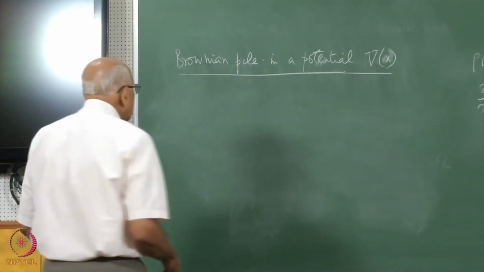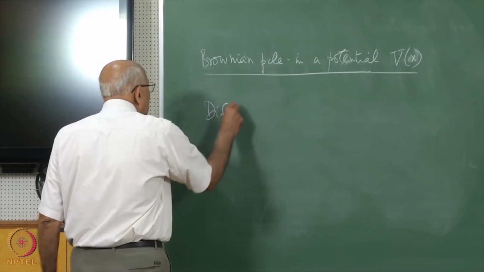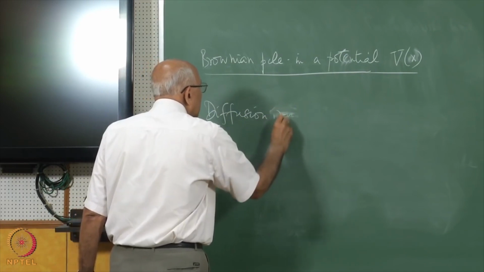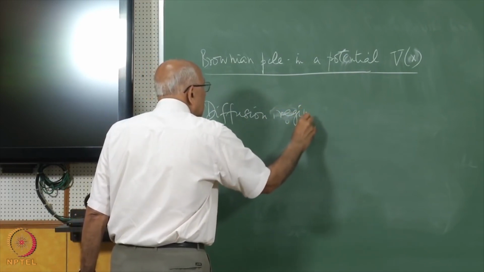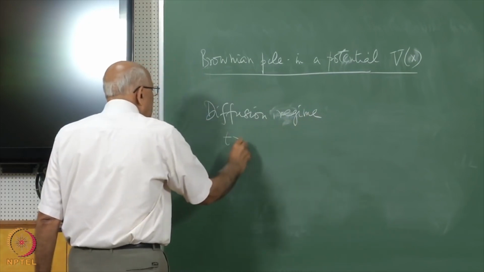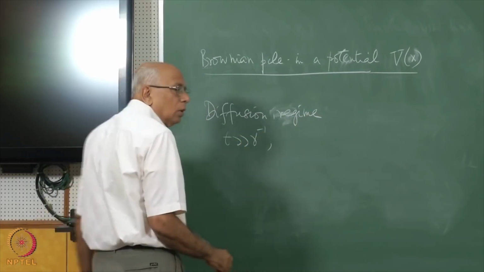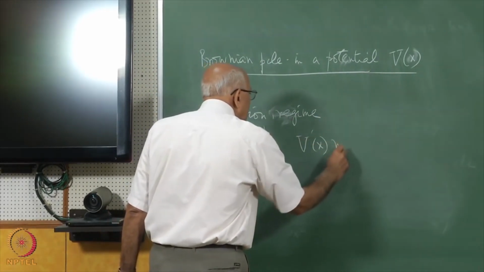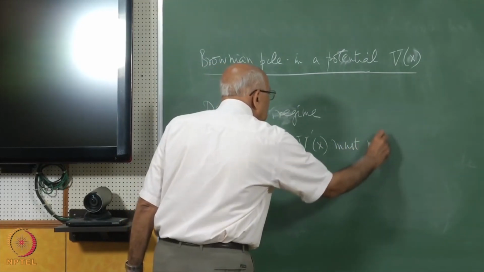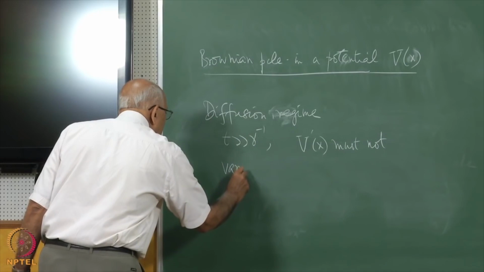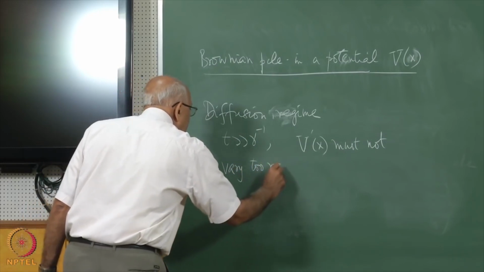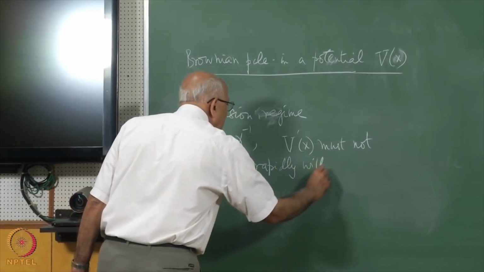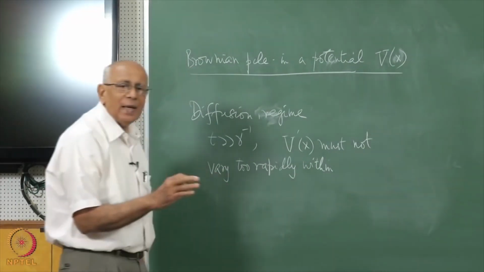So, now the diffusion regime is defined as follows: not only should you have t much greater than gamma inverse, but also the force V prime of x must not vary too rapidly within the characteristic length scale.